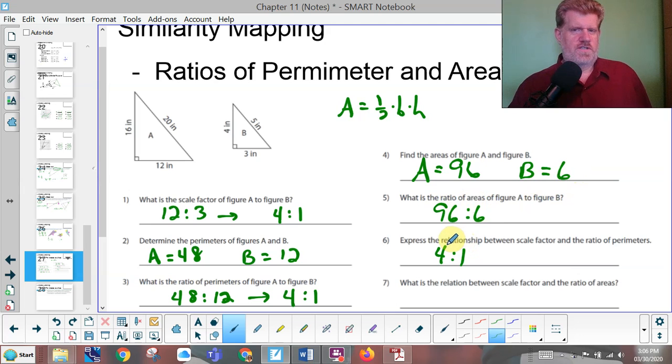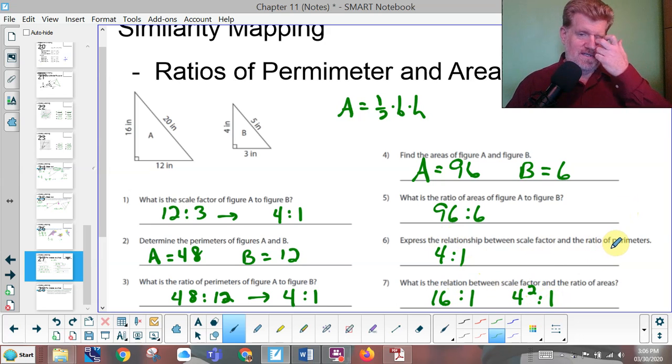But is there a relationship between these? So if I divide 96 by 6, I actually get 16. It's 16 to 1. And what do you know about how a number 4 compares to a number 16? It's a square. 4 squared is 16.